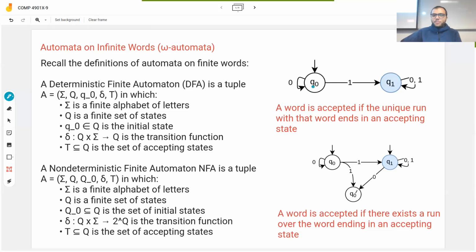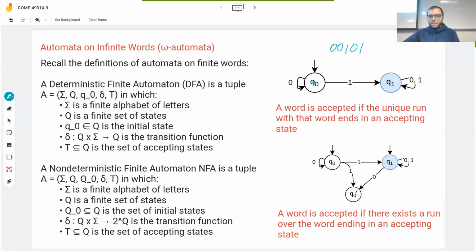The way this works is that I start at the starting vertex Q0, my initial vertex, and I read my word letter by letter. Every time I read a letter, I take the transition corresponding to that letter. So for example, let's say my word is 00101.